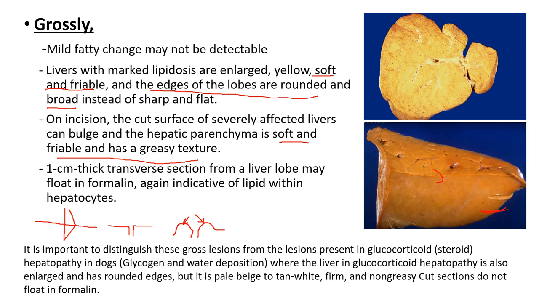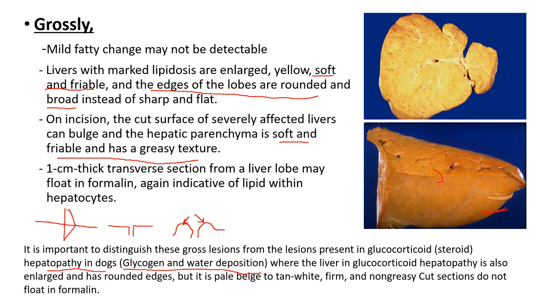Just a reminder, it's important to distinguish the gross lesions from the lesions present in glucocorticoid or steroid hepatopathy in the liver in dogs, which is mostly glycogen and water.